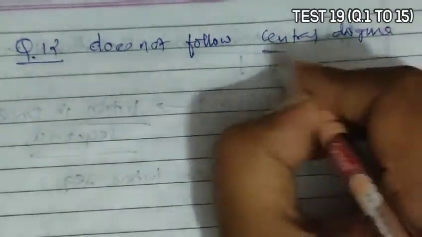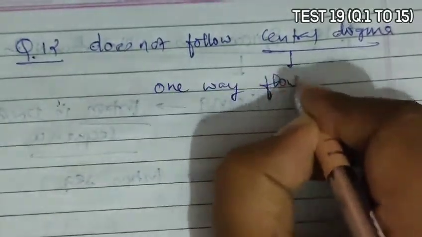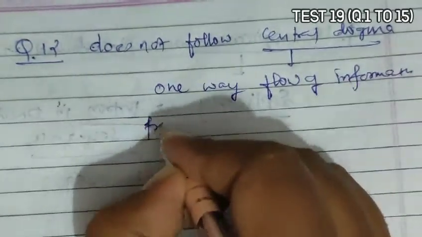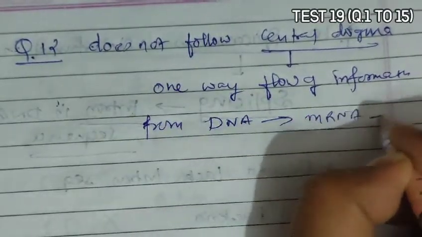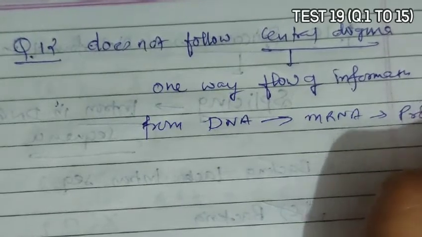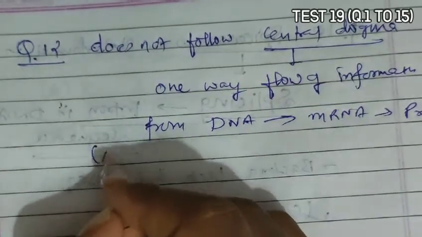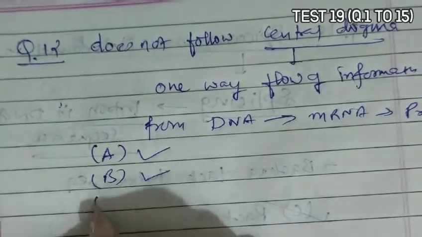Now central dogma is a one-way flow of information from DNA to mRNA and mRNA to protein. This is found in practically all organisms. Option A, yes, it is found in eukaryotes. B, Mucor, yes, it is a yeast.